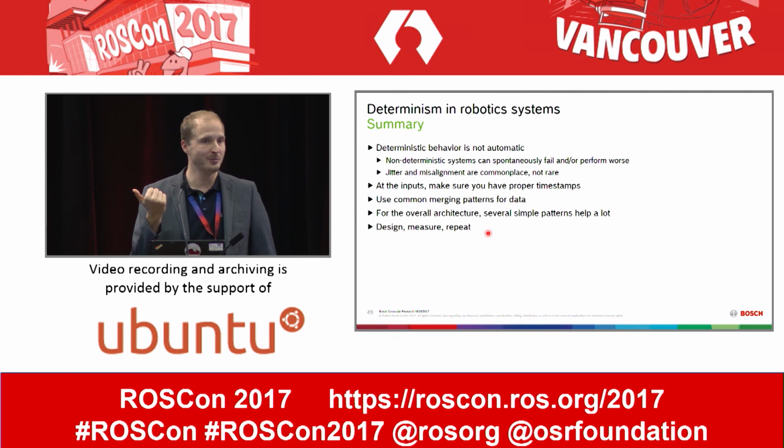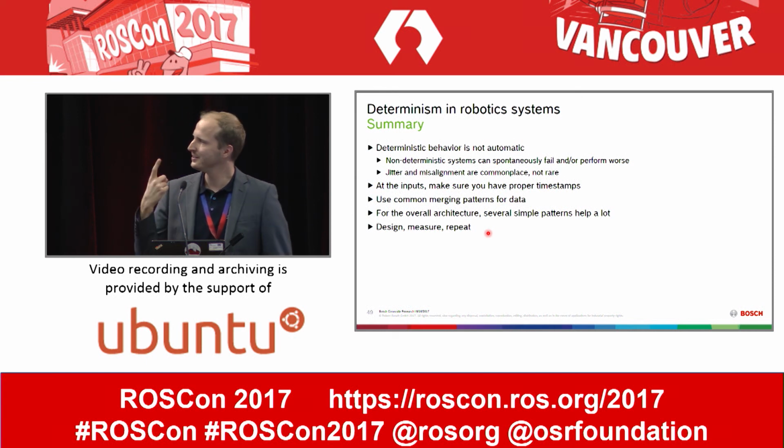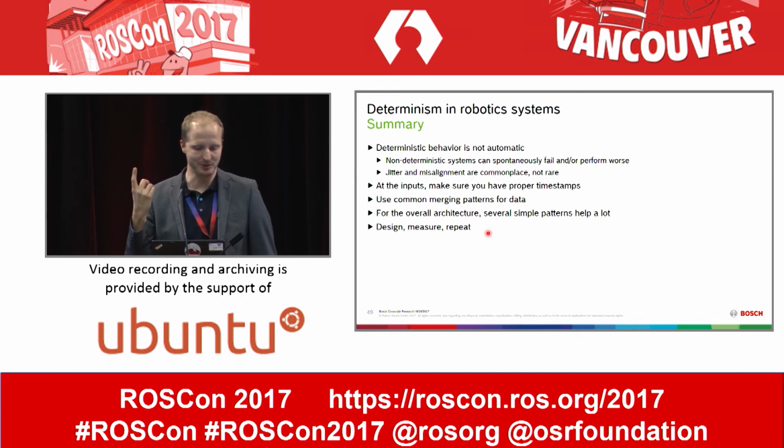In a non-deterministic system, 99% of the time your jitter and all that will be OK, but then there will be a switch and then you will be in trouble. I promise it. And all these things, they are not rare. They happen frequently. And one of the most important things is make sure you have proper timestamps, use common merging patterns, and design, measure, and repeat.